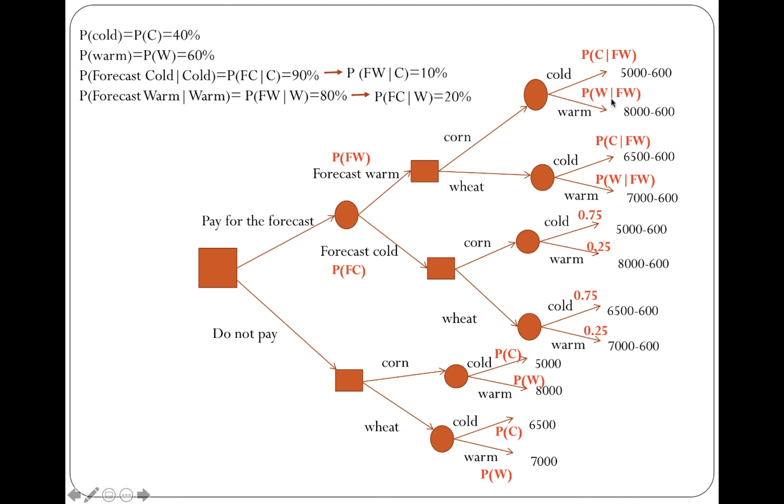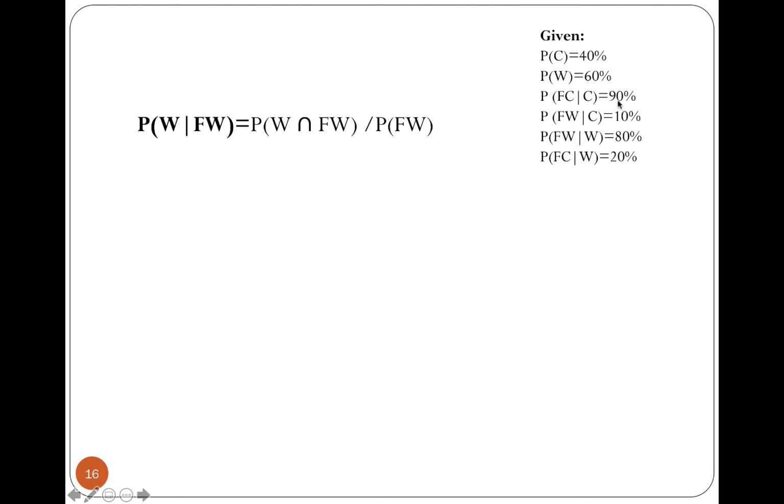Let's assume we are going to calculate the probability of W conditioned on FW, meaning the probability that the weather is going to be warm if the forecast has said it's going to be warm. We can pick any one of these probabilities, it doesn't matter. In this presentation, I'm just picking to calculate the probability of W conditioned on FW.